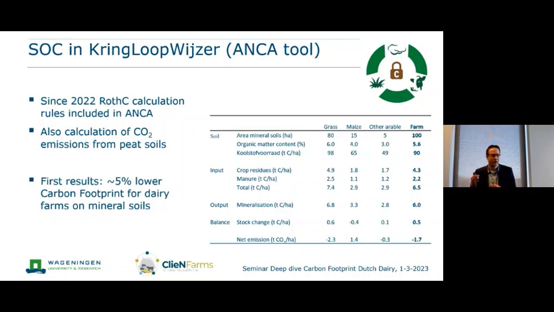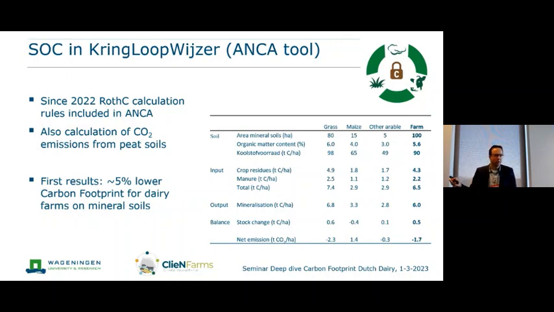It's really still indicative results and not included in the final footprint figures. But this is really to make farmers aware of soil carbon. It's not yet all farm-specific data; soil carbon is still based on regional data. But the idea is to really get farm-specific data from soil carbon measurements.